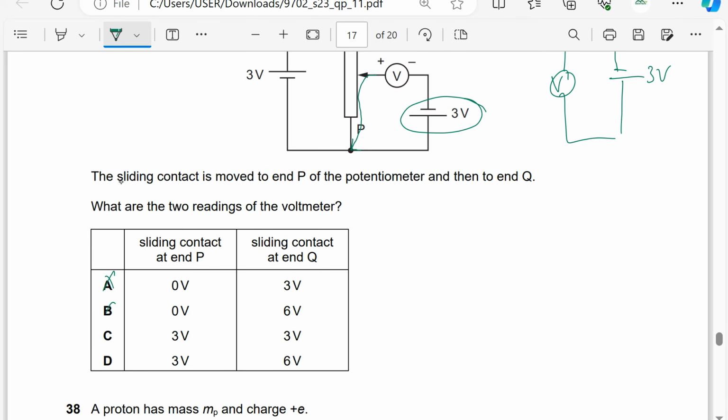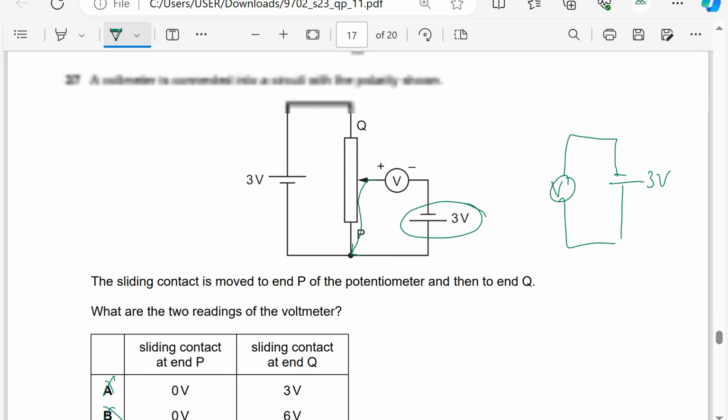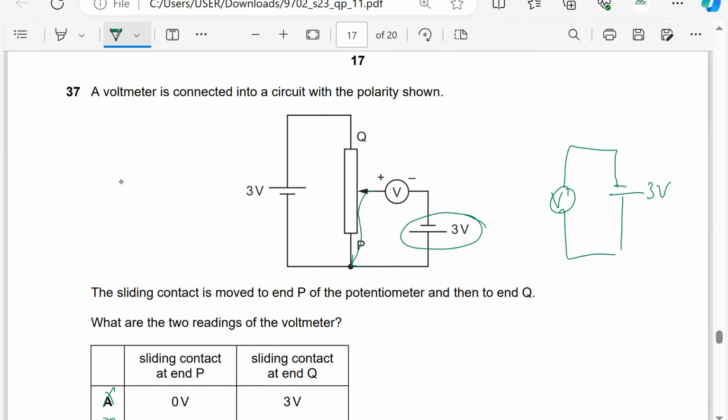So we ignore A and B. When I take it at Q, so I take the voltmeter at Q, I'll have something like this.